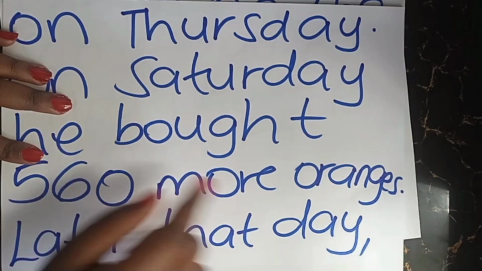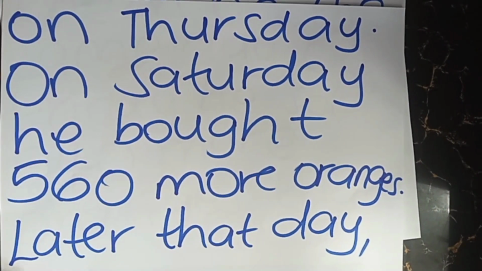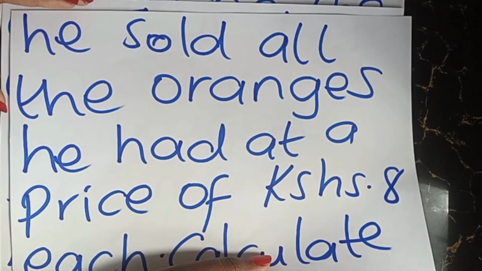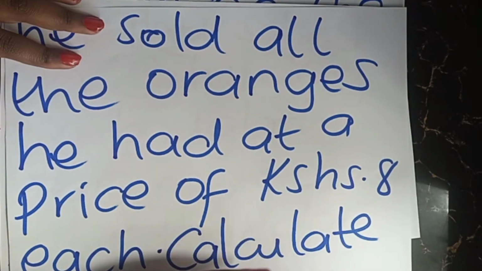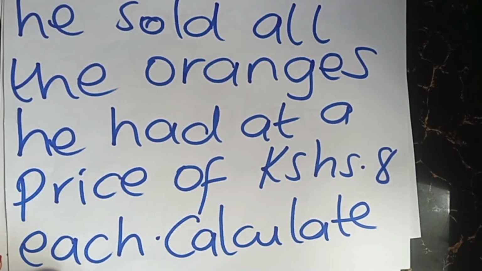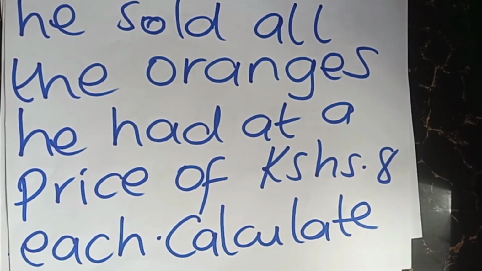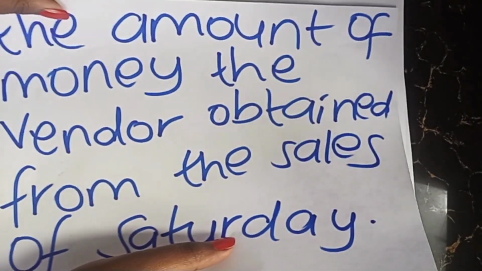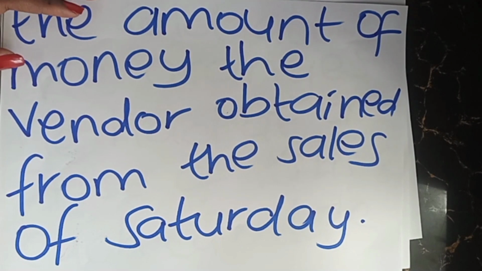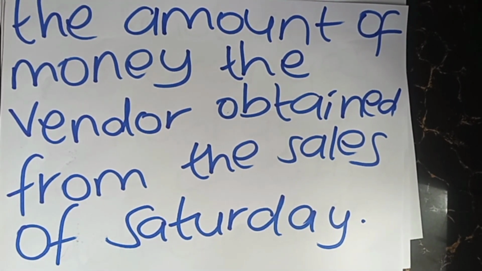Later that day he sold all the oranges he had at a price of 8 Kenya shillings each. Calculate the amount of money the vendor obtained from the sales of Saturday.